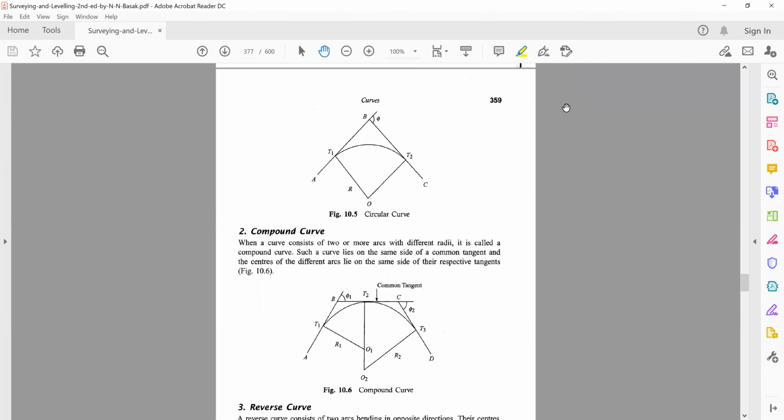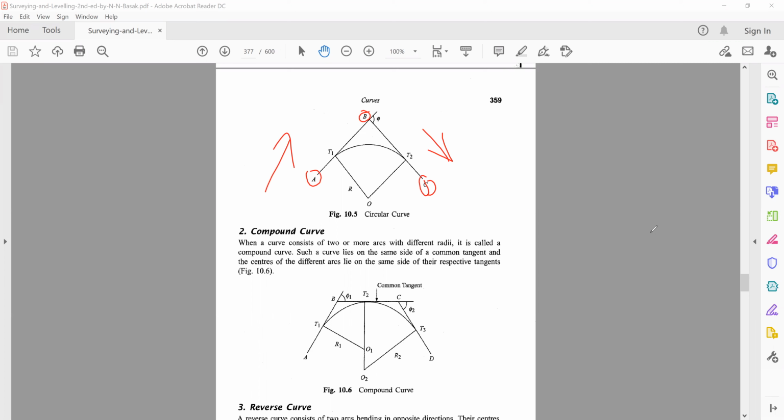So if you see this figure over here, like we discussed before, you have the point A and the point B. This is the direction of travel, and the point B and the point C, which is the direction of travel after you take the turn.